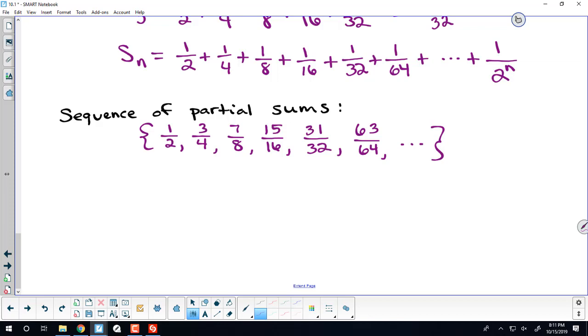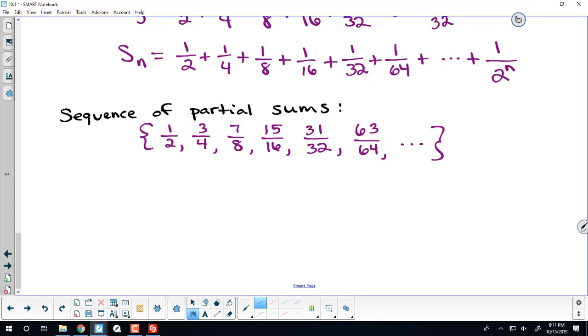So since those terms in that sequence represent portions of the sum that we're trying to answer a question about, we can say, all right, I've taken a series, I've now looked at partial sums, and now I'm looking at that series as a sequence of partial sums.